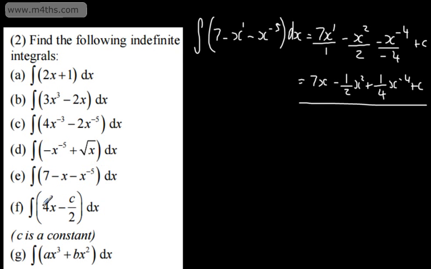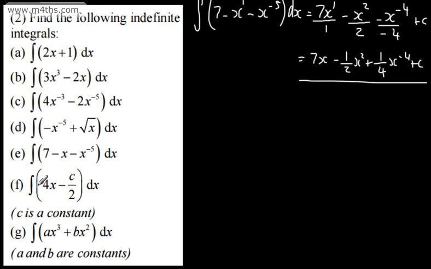Okay, let's look at this one right here. We've got the integral of 4x minus c over 2 with respect to x. We're told c is just a constant. So when we integrate a constant, we get that constant multiplied by x. For example, the derivative with respect to x of 3x is equal to 3.